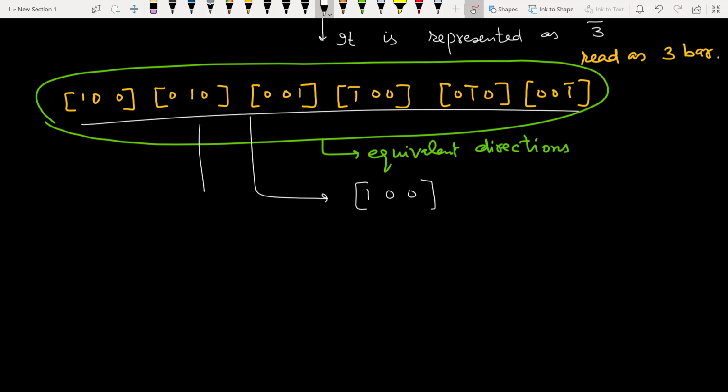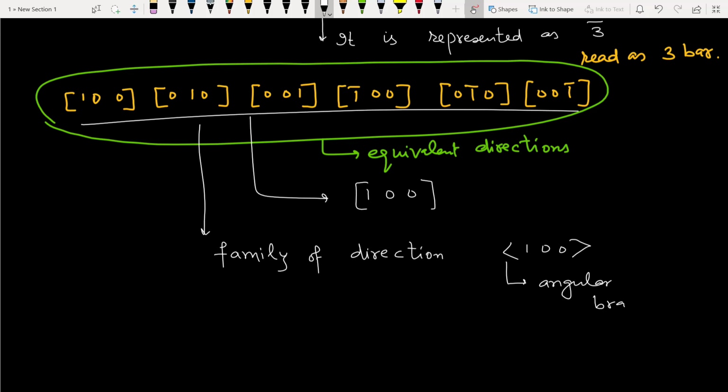So these are written as a family of directions, and a family of directions is represented with angular brackets, 1 0 0. Here we write angular brackets. So when we write 1 0 0 in square brackets, it is one direction, and when we write angular brackets, then it is a family of directions. It means all these 6 possible directions, and the square bracket means only one direction.